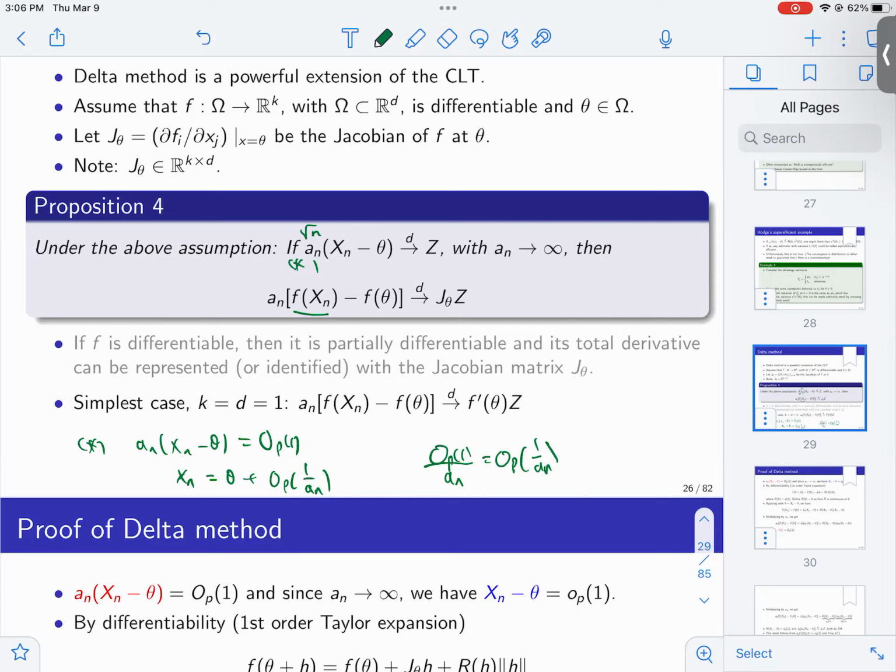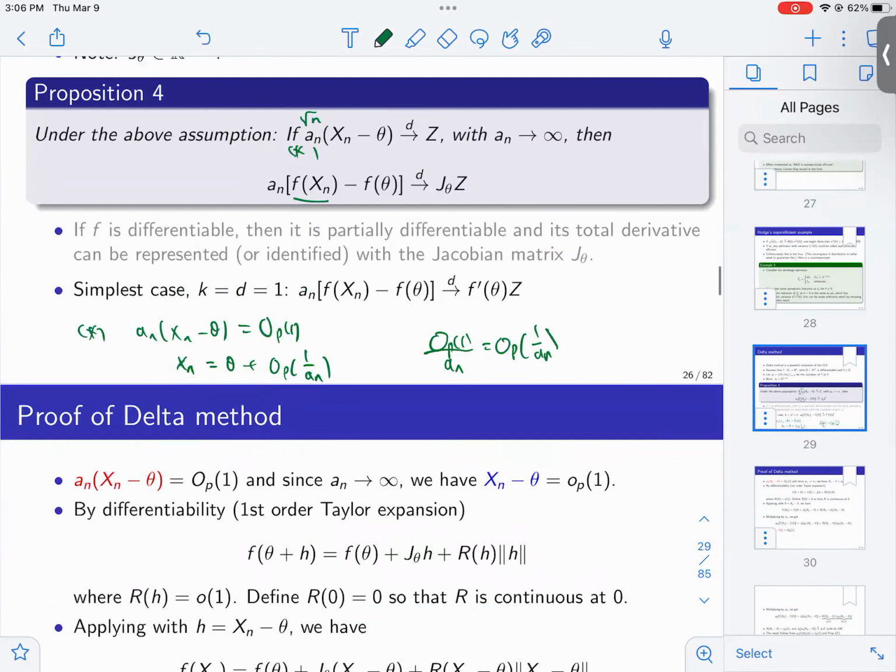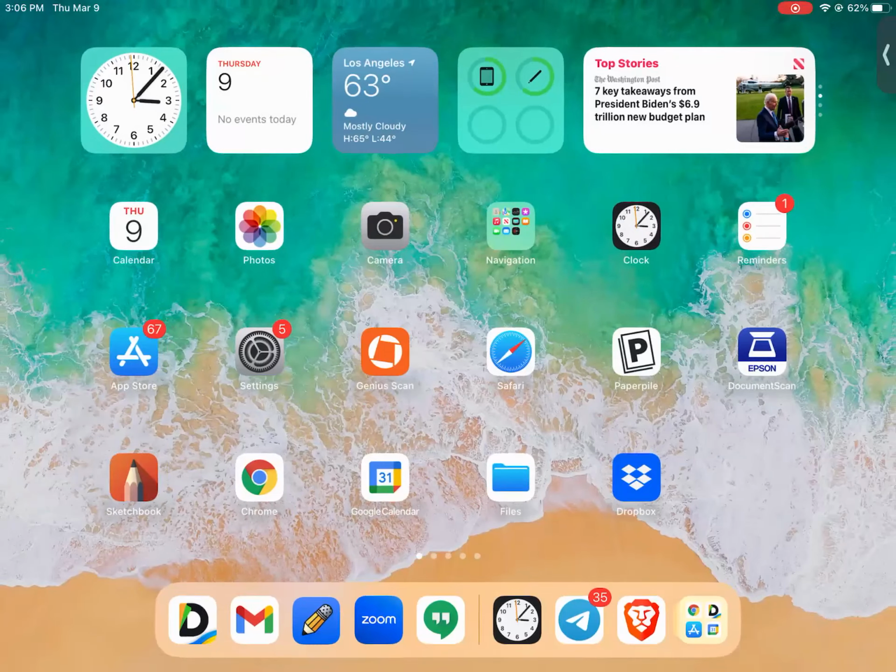If you understand big O, this is the same meaning. Something like this is going to 0, because 1 over a_n is going to 0 and I'm multiplying it by O_P(1), so this has to be little o_P(1) by the property that we mentioned. So this is really theta plus o_P(1).